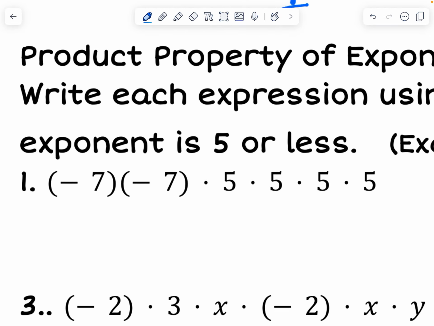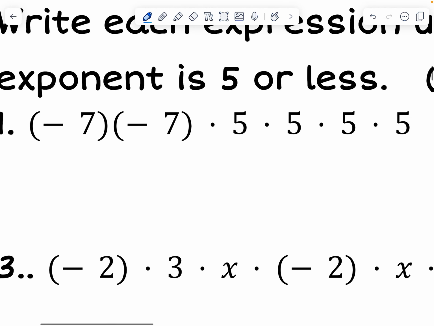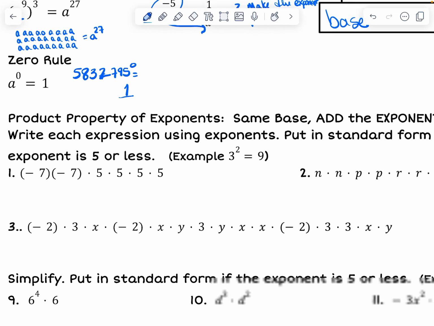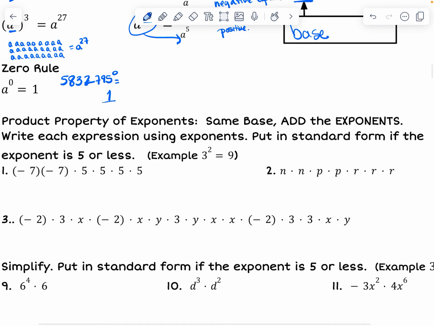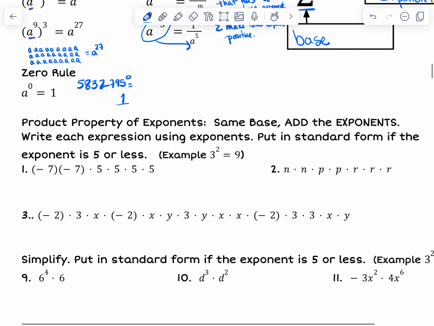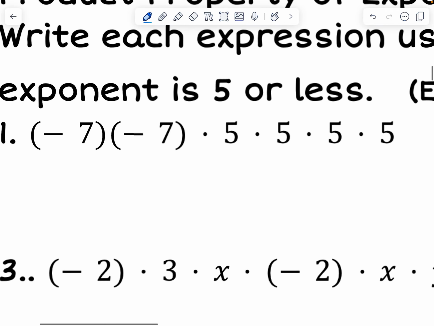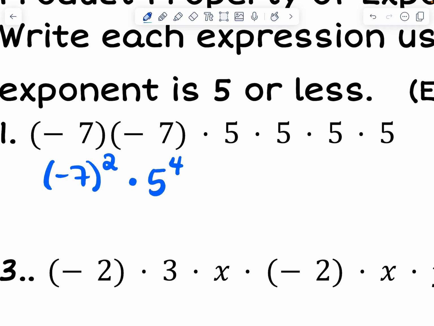So here I'm going to look at this. And the directions on this part are saying that they want you to write each expression using exponents. Okay. So negative 7. How many negative 7s are there? There are 2. How many 5s are there? There are 4.